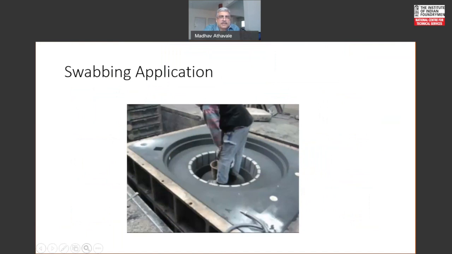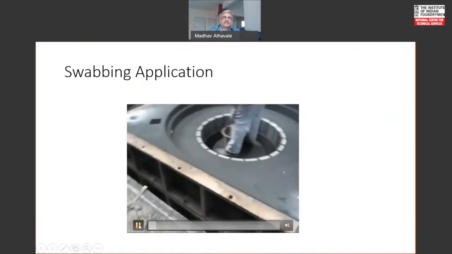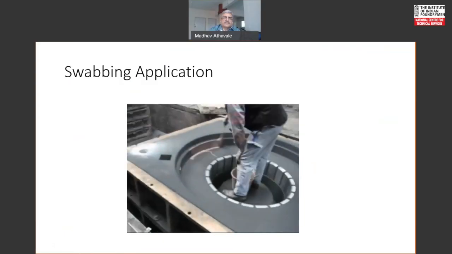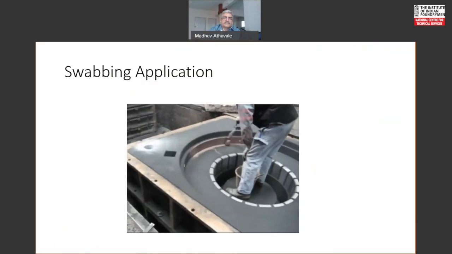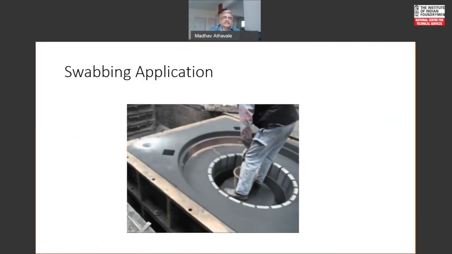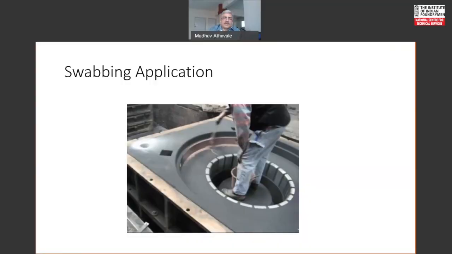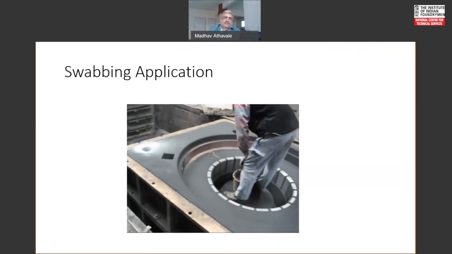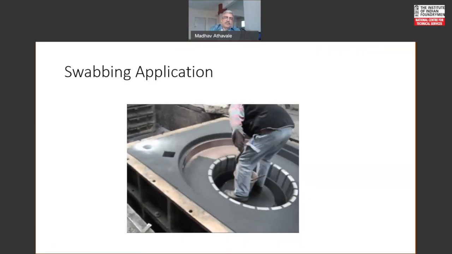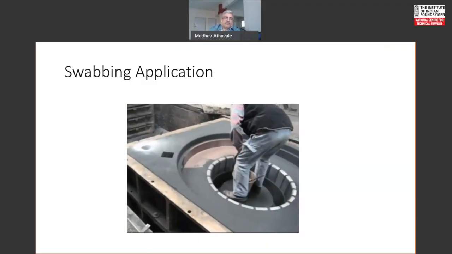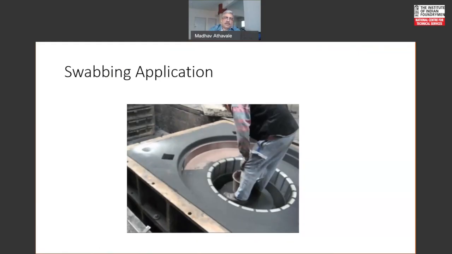Now swabbing application, and let's see if you are able to see this video. Here is a worker who is applying the coating on this big mold by using a swab.